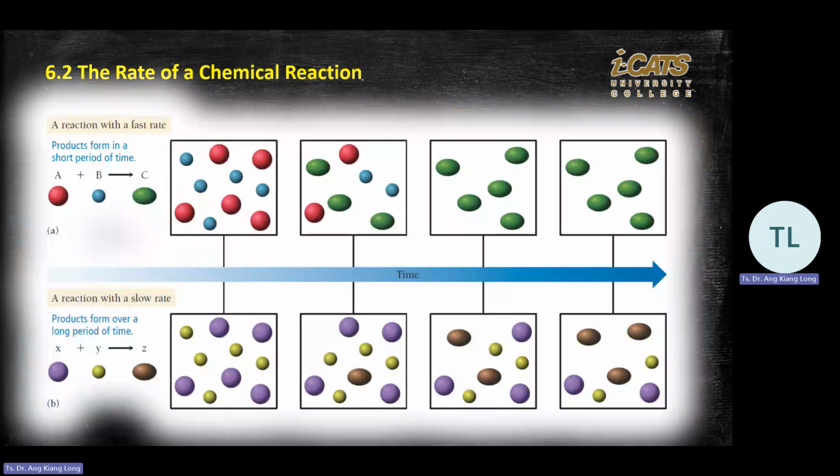Okay, so this is just an illustration on a periodic table. On the top is fast rate, on the bottom is slow rate. Fast rate means the reaction happens very, very fast. As you can see, your x-axis is time, and if you mix the red color and the blue color, the product will be the green color.